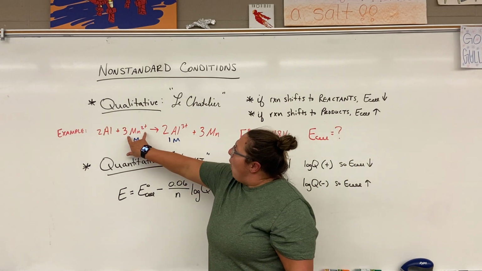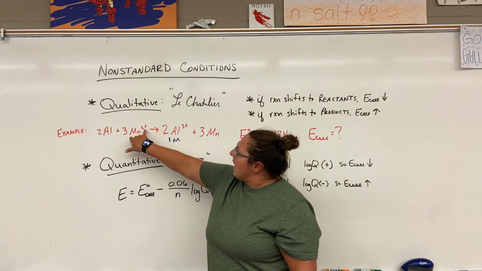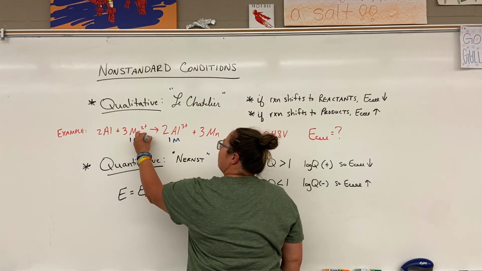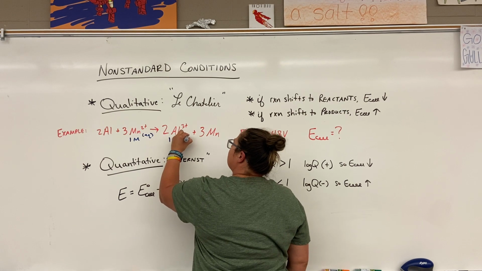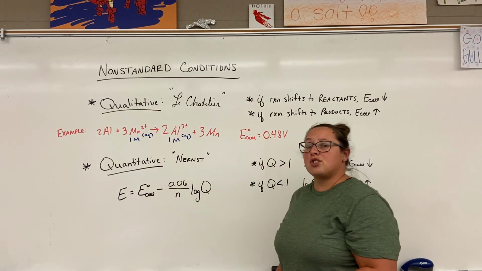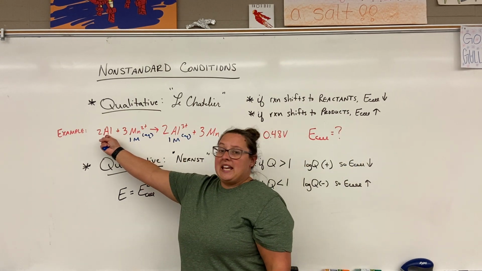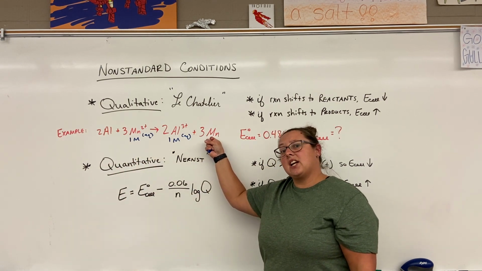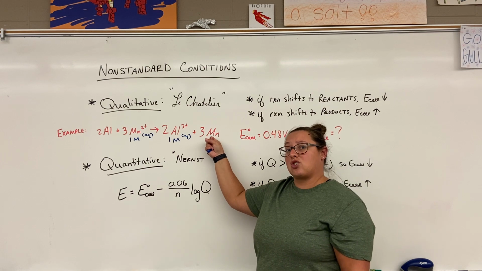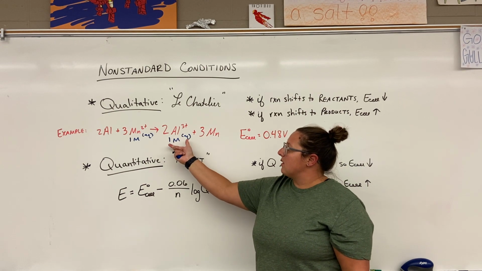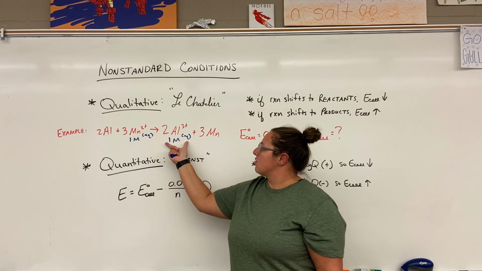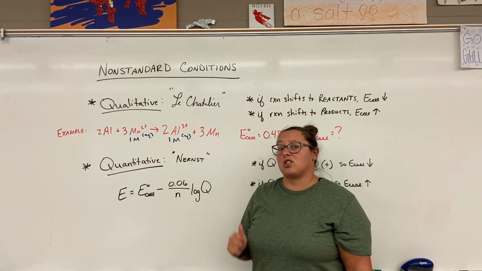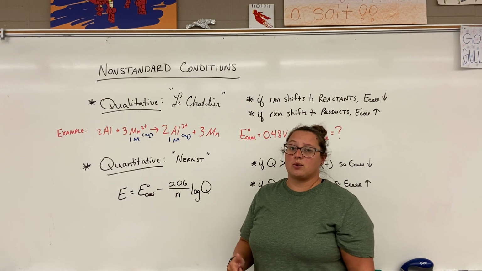Now, why I'm putting the 1 molar underneath the things that are charges is because these are your things that are aqueous. Those are your solutions. The aluminum here is your metal, your electrode, and the manganese here is your metal, which is the electrode. So it's very important to know that when I'm changing concentrations, I'm changing the things that are aqueous in our solutions, so I have to look at those.